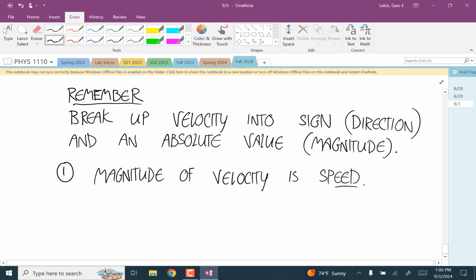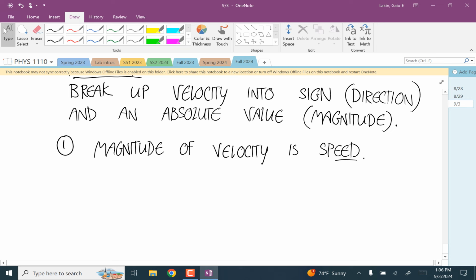So a velocity can be positive or negative, but if you just chop off the sign and treat the absolute value, that always tells you the speed at that instant, like the speedometer speed. And the second thing is the sign is the direction the object is moving at that instant.